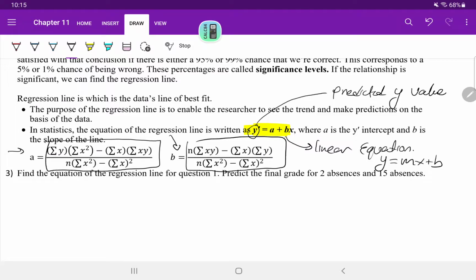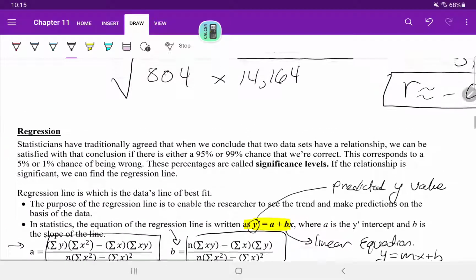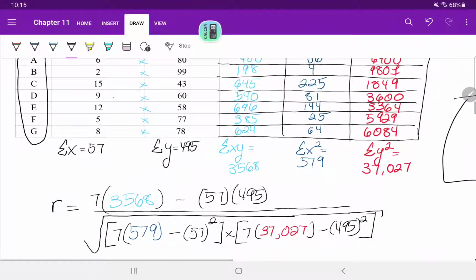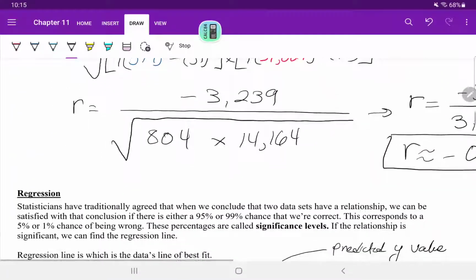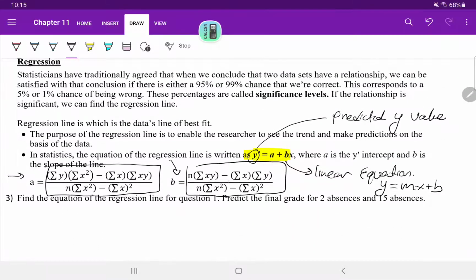Therefore, I do not have to create the table again. I can just look at the information that I got from computing my correlation coefficient, substitute it into these two equations, and then use it to predict the information that is right here, which is number 3. Find the equation of the regression line for question 1. Predict the final grade for 2 absences and for 15 absences.